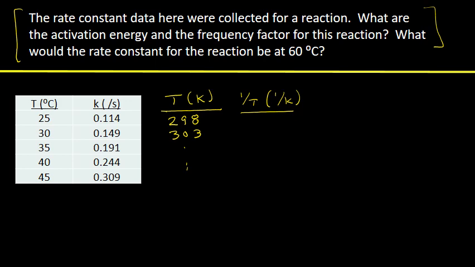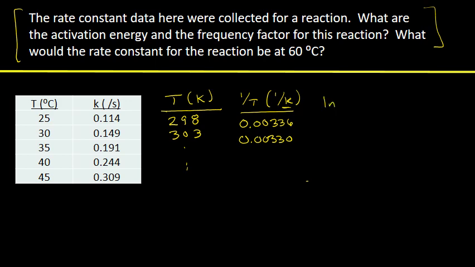Or you can type in 298 and hit your reciprocal key. But in any case, you get 0.00336. And notice that the units on these are reciprocal Kelvin, which is kind of a weird unit, but that's what it is. And for the next one, 0.00330, reciprocal Kelvin.